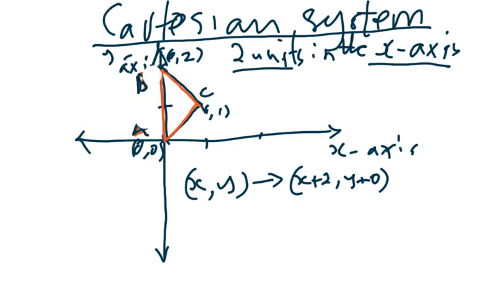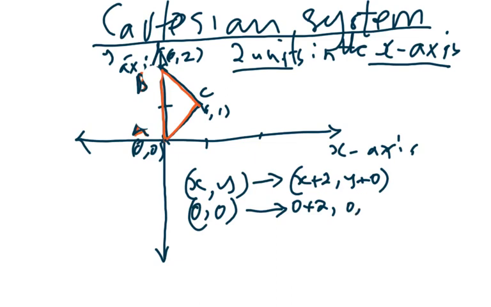So that means, when my A is at the origin, which is 0, 0, when it is translated in the x direction, this will be x plus 2. What is my x? 0. So it will be 0 plus 2, comma, my y is 0, so y is 0 plus 0.